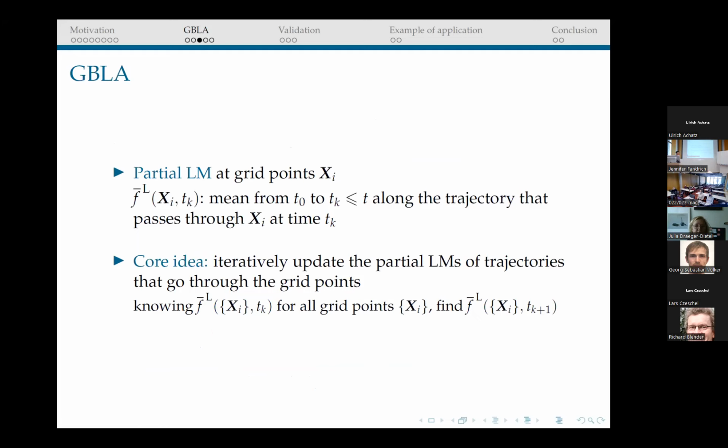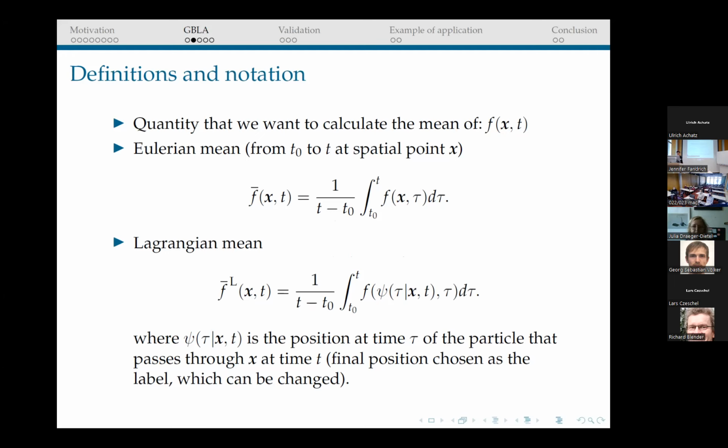So can you do this for centered things? Okay, so yeah, it's a very good question. I wanted to get back to that. Once I calculate this, I can map it to any other points. The best point to assign the Lagrangian mean to, as Carsten mentioned, is the mean position, and the best point in time is probably the half of the interval. So mapping to a different time is very easy.